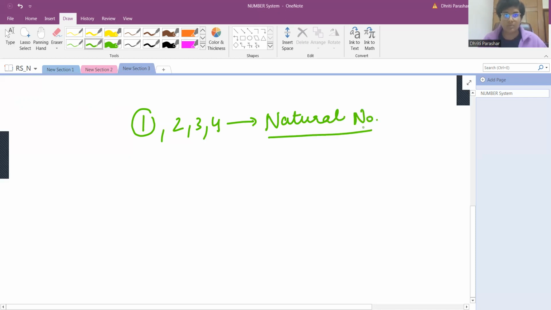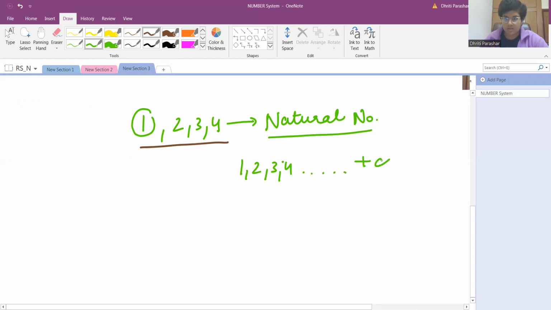Or you can say numbers that come to you naturally. Now, these numbers go on from 1, 2, 3, 4, so on till positive infinity. Now, you'll say infinity is infinity. Why positive or negative? You'll see when we progress, right?